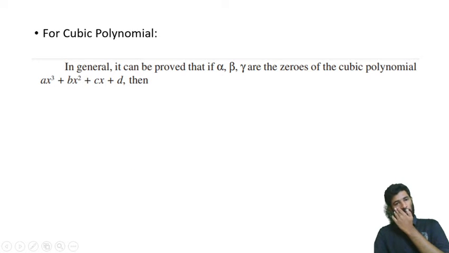Now coming to the cubic polynomial, here also we have some relationships between the zeros and the coefficients. As you can see, a cubic polynomial has three zeros, that is alpha, beta, gamma.